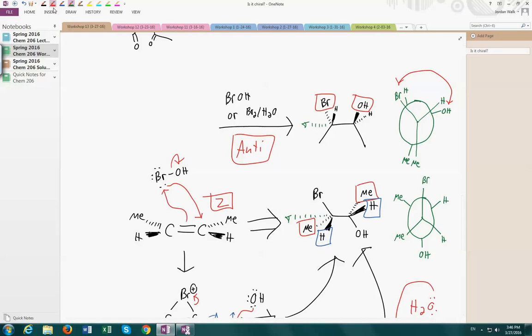Again, we've got methyls on the same side, hydrogens on the same side, and so that's also what the initial alkene must look like. We're going to have the Z alkene. So that's a closer look at why those things were anti in this picture right here. Questions about this?